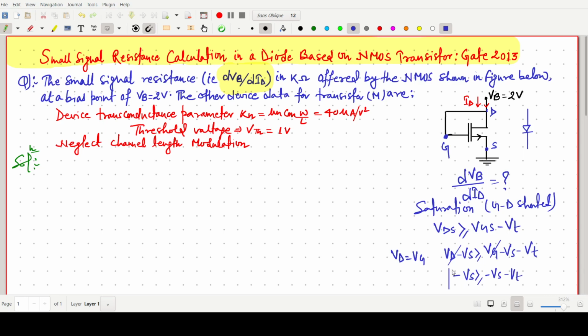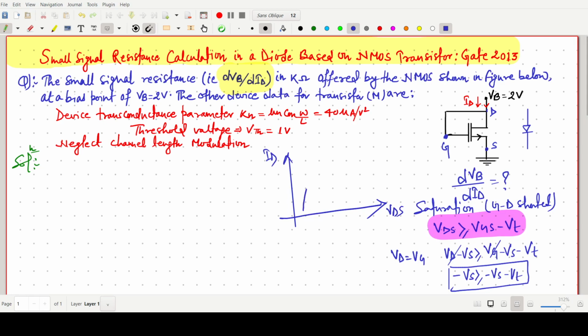Is it okay? A very simple thing. I am highlighting this portion. The condition is VDS greater than or equal to VGS minus VT for saturation. For this, I want to make the ID-VDS curve.